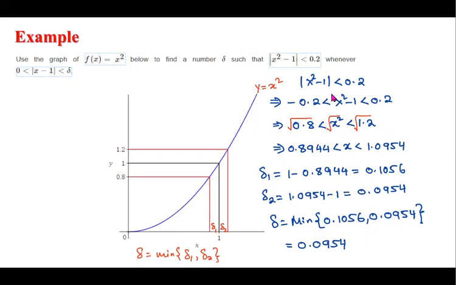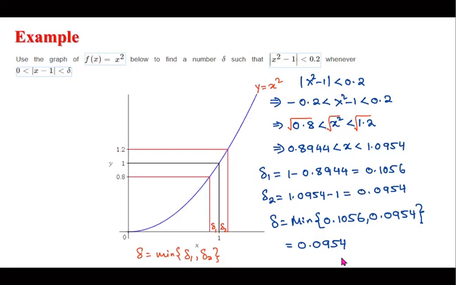Remember, whenever you are asked to find the value of delta, when the definition for epsilon is given, this 0.2 is the epsilon, all you need to do is solve that inequality and find the range for x. That will give you two delta values if the interval is not symmetrical, and the minimum of those is your required delta.